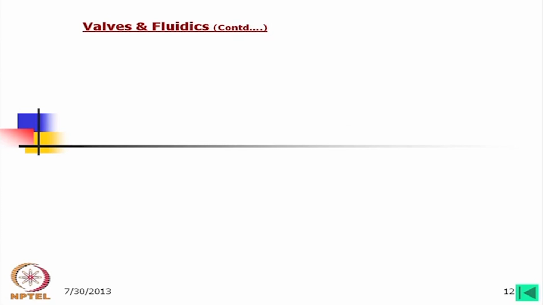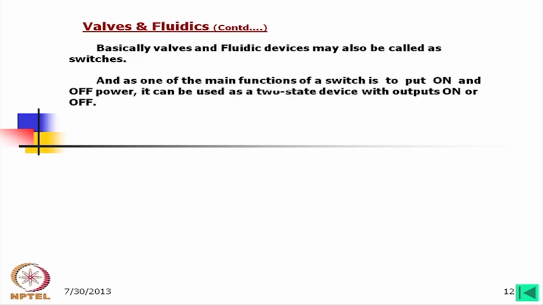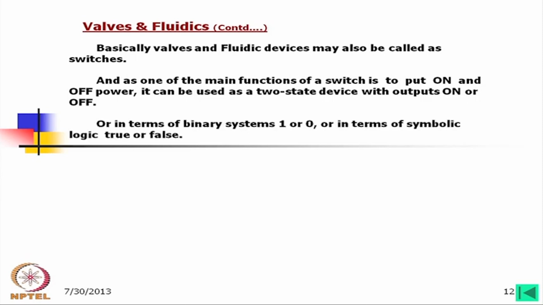Now, we continue with this. Valves and fluidic devices may also be called switches, and as one of the main functions of a switch is to put power on and off, it can be used as a two state device with outputs on or off, or in terms of binary system 1 or 0, or in terms of symbolic logic true or false.